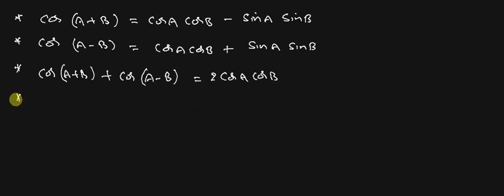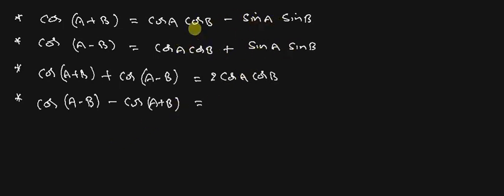And what happens if we subtract these quantities from one another? Here you have to remember this result. The first quantity is cos of a minus b minus cos of a plus b. Okay, this one is the first and this is second.